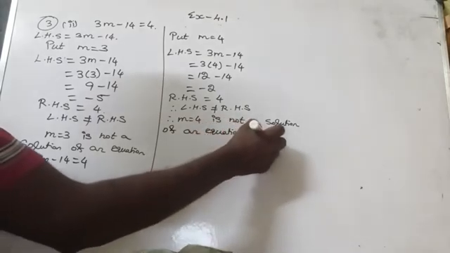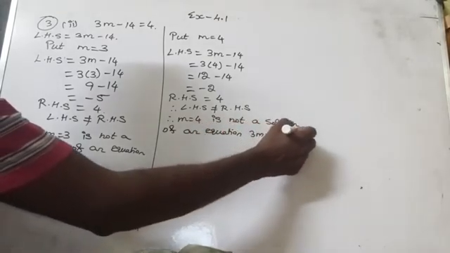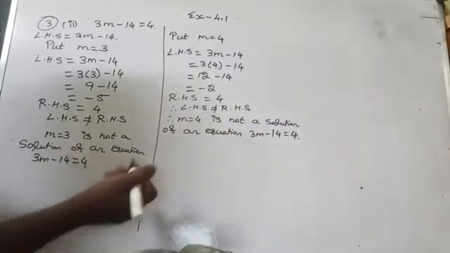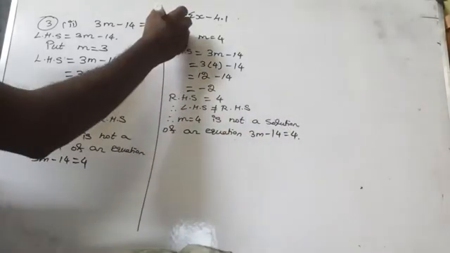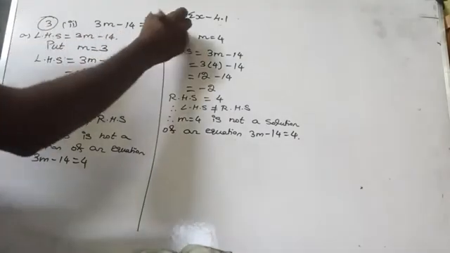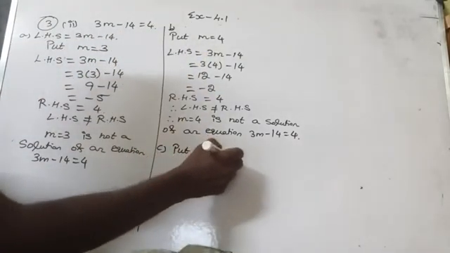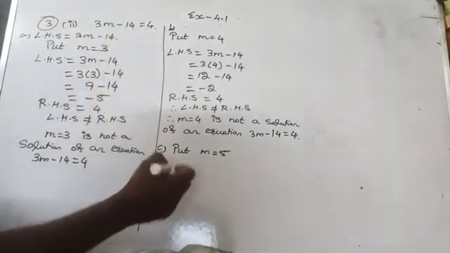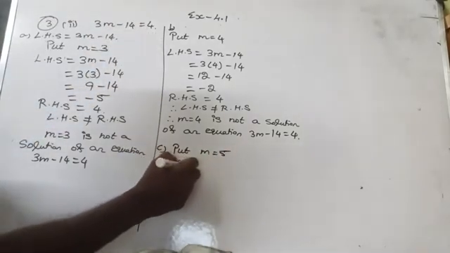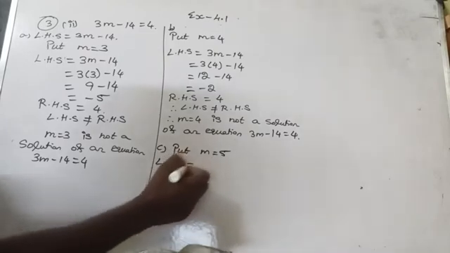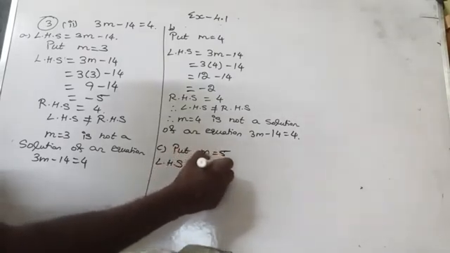3m minus 14 is equal to 4. Now shall we try m equal to 5? Put m equal to 5 in the same equation, 3m minus 14 equal to 4. Consider the left hand side, 3m minus 14.